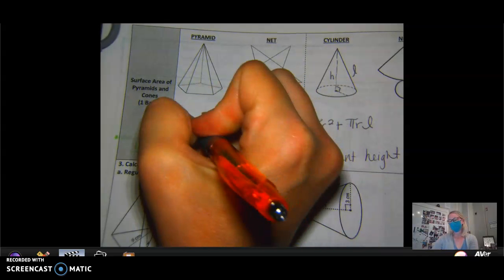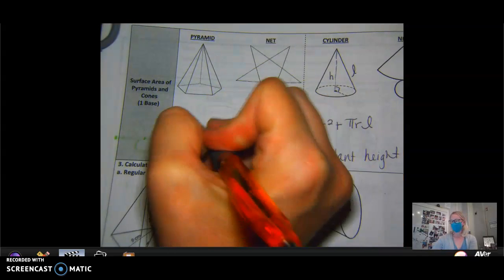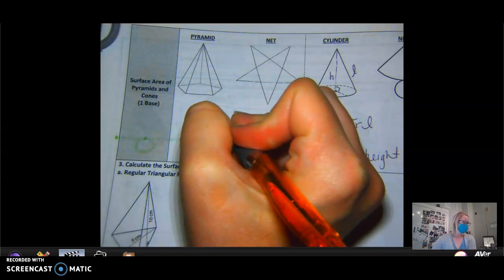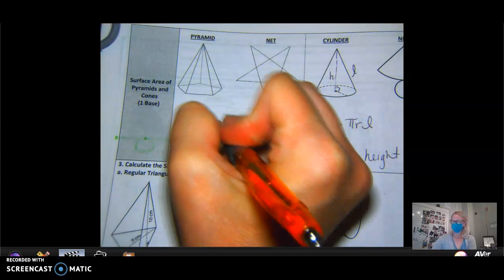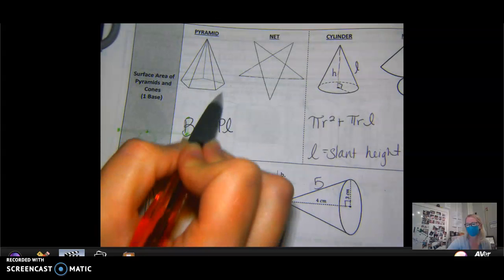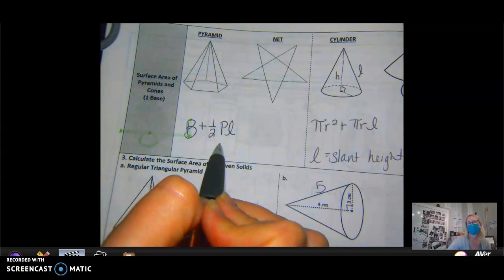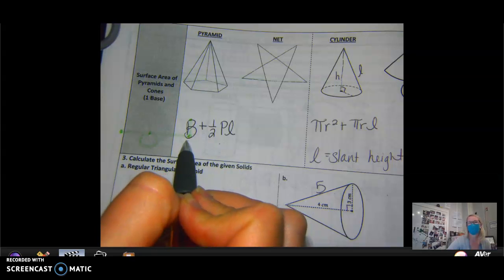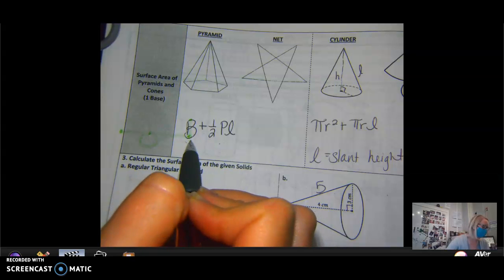And then to that, you are going to add 1/2 times P times L. What does P stand for? Perimeter of the base. What does L stand for? The slant height of this figure. So perimeter of the base times the slant height of this figure, divided by 2 essentially, plus the area of the base, whatever the area of the base may be. Does that make sense? Okay.